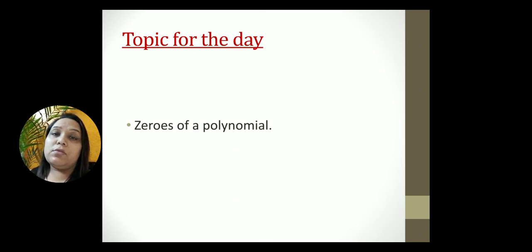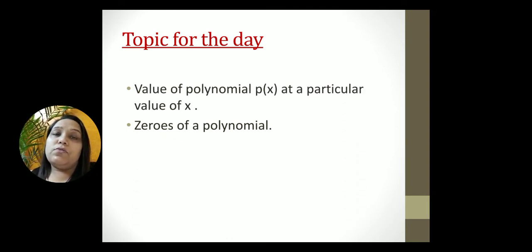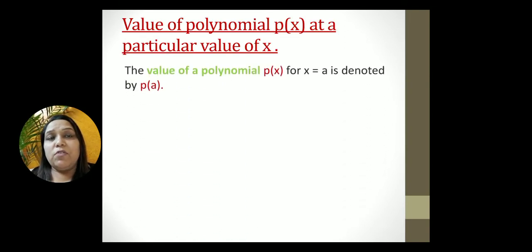But to go there successfully, at the topic zeros of a polynomial, we should know how to find out the value of a polynomial p(x) at a particular value of x.